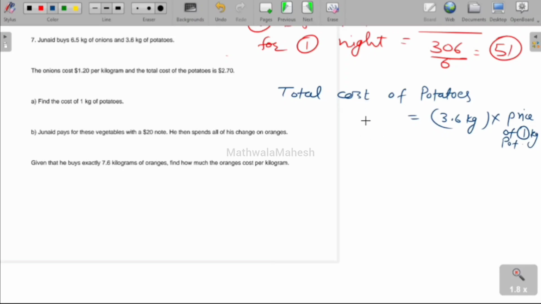So the total cost of potatoes is 2.70, equal to 3.6 into the price of 1 kg of potato, we let the price be x. So x is 2.70 upon 3.6.